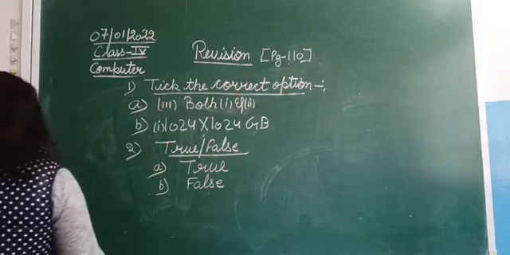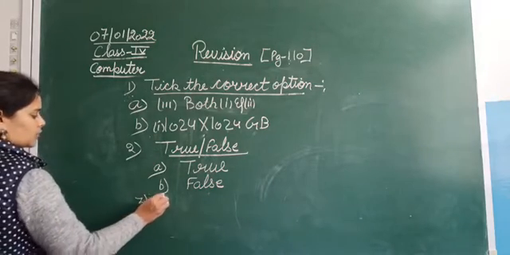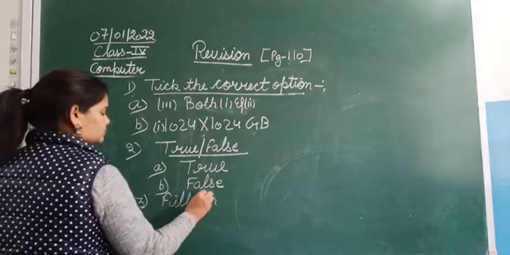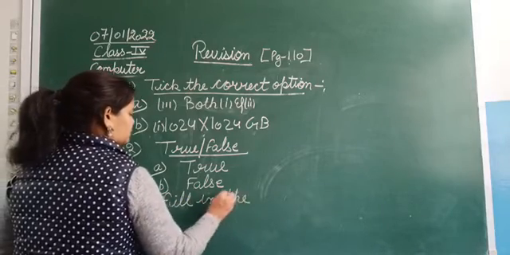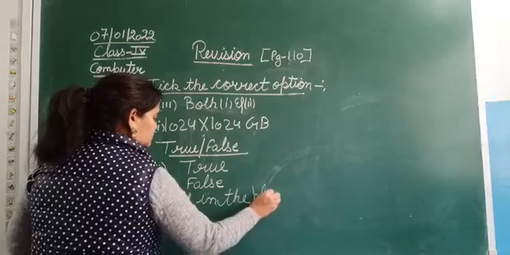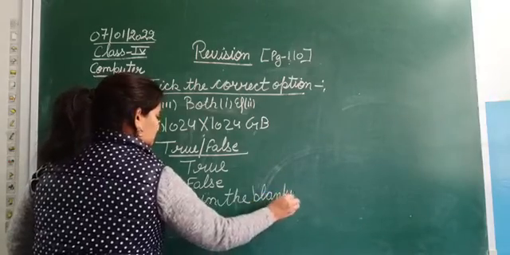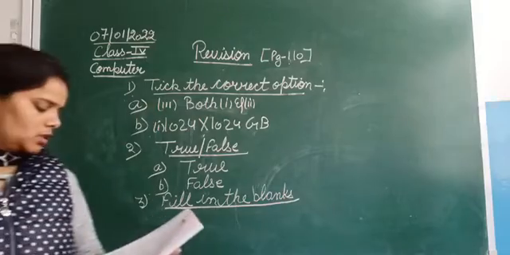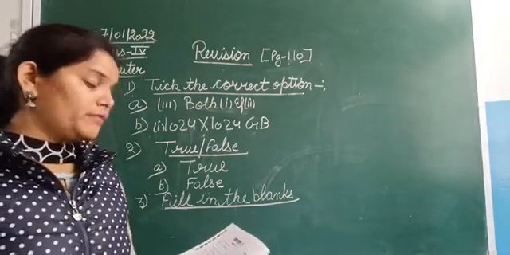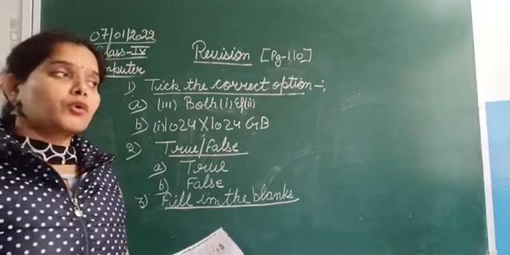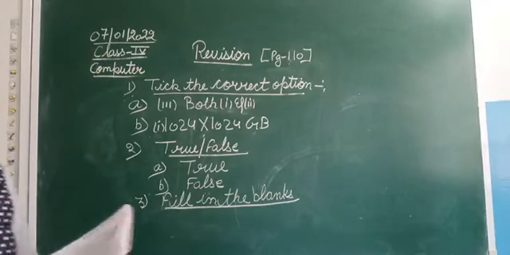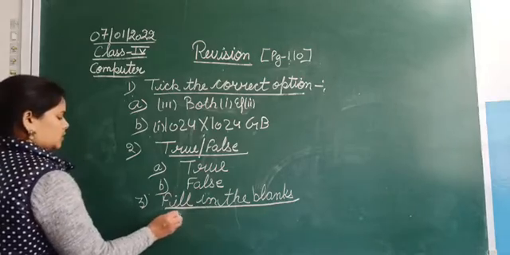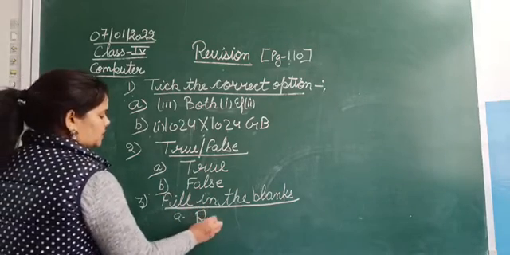Moving next to the third one, that is fill in the blanks. Dash is a non-volatile memory, that is ROM. ROM is a non-volatile memory. So the answer for the first one is ROM.